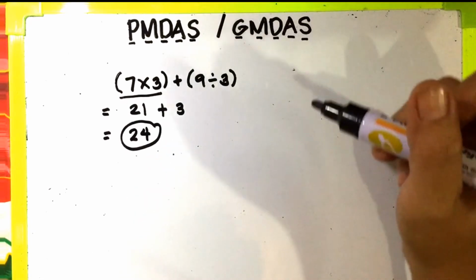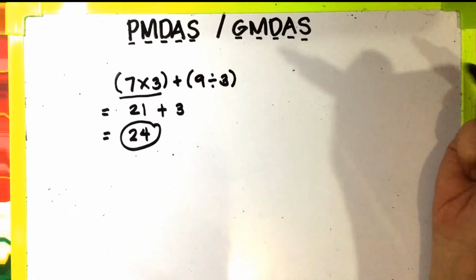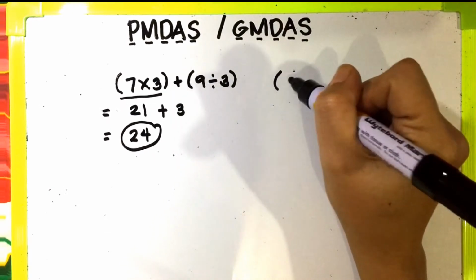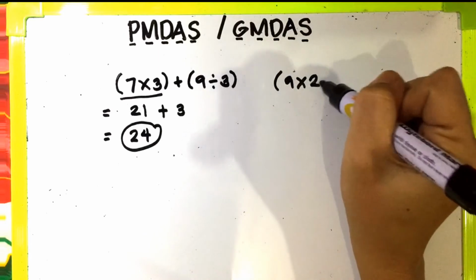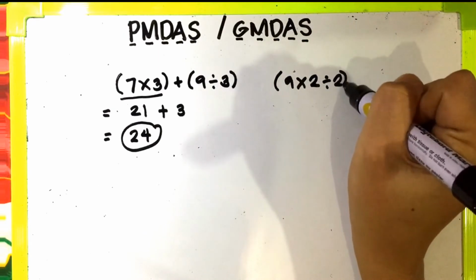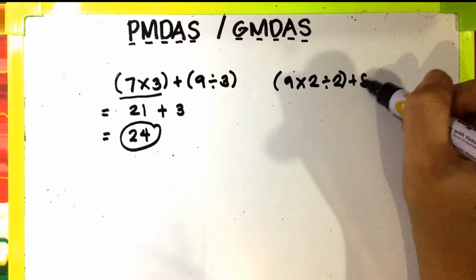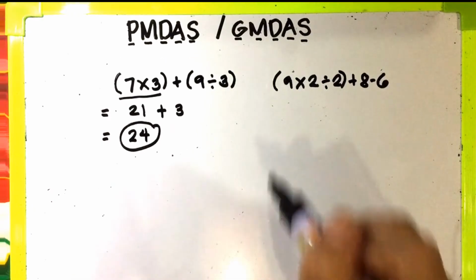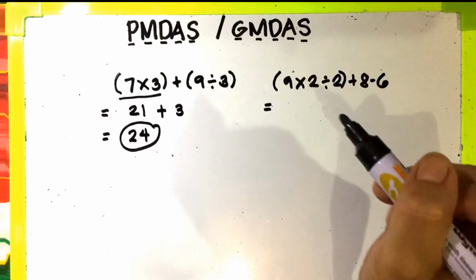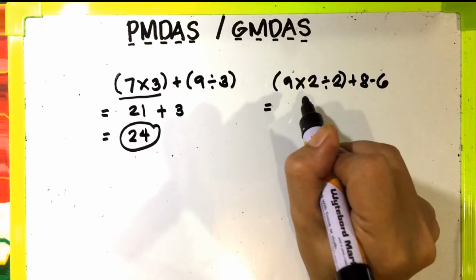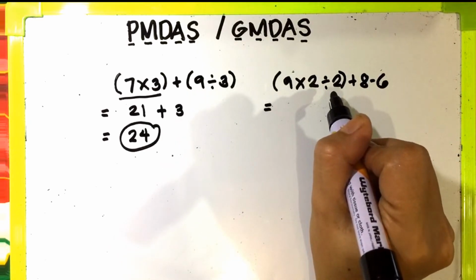Another example. We have (9 times 2 divided by 2) plus 8 minus 6. So, parenthesis first. There are multiplication and division inside the parentheses.